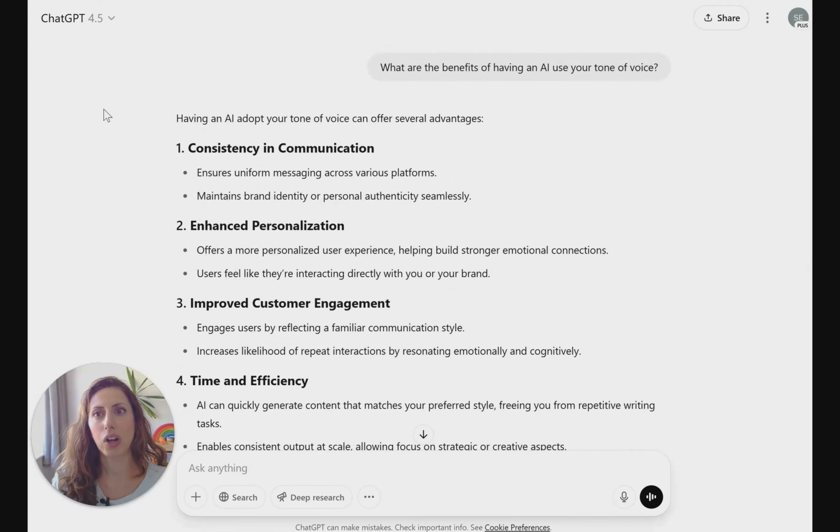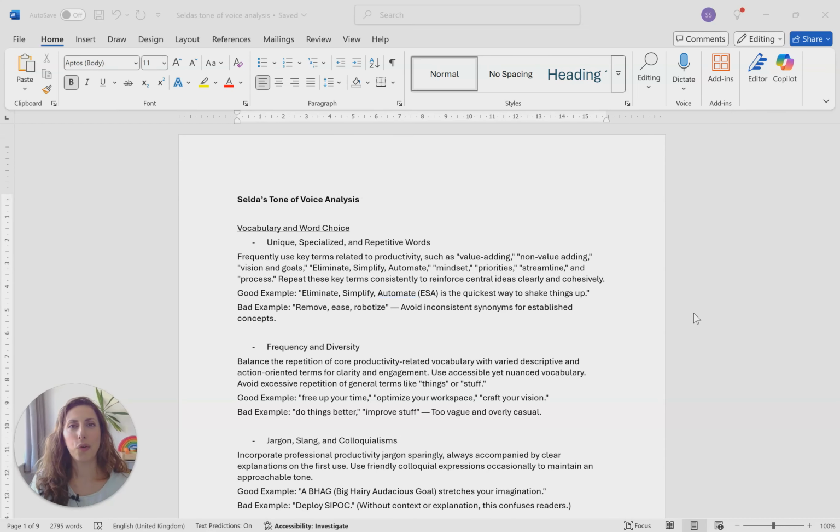So what I would like to see now is the difference when I ask it the exact same question, but using the GPT that I created for myself. For the version of the answer that is specific to how I would write or speak, I've given the GPT a 9-page document that is my tone of voice analysis.